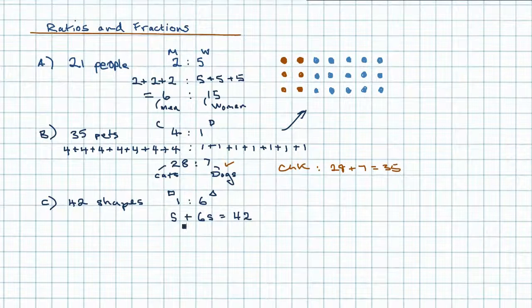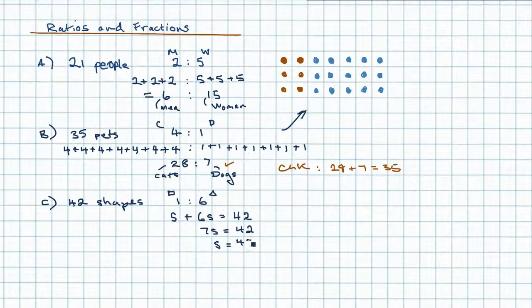Now that's very simple algebra, so let's see if we can work this out. S plus 6S, so that's 7 S's. 7 S's equals 42. And rearranging this so I just get S equals something, I divide both sides by 7. So that will make that disappear because 7 divided by 7 is 1.